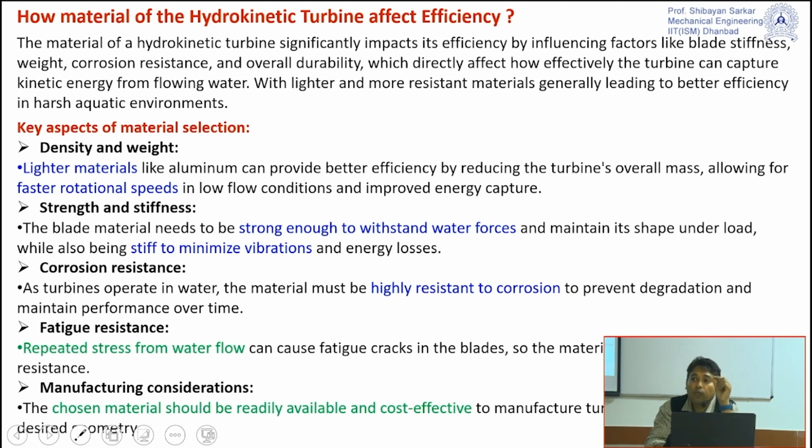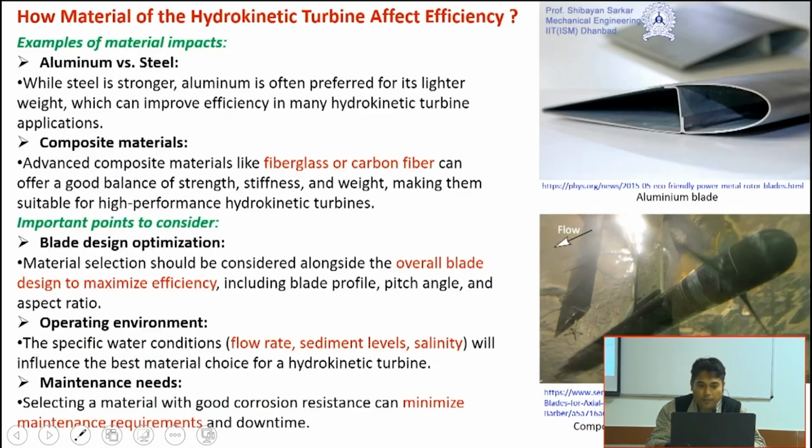But whether I can mold this particular material to my desired shape or not, because I have designed my drawing, my turbine design. How easily I can make this particular shape, that is also another criterion. So this manufacturing process is very much important while you are considering a material.